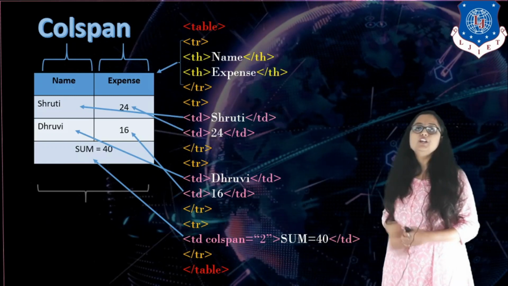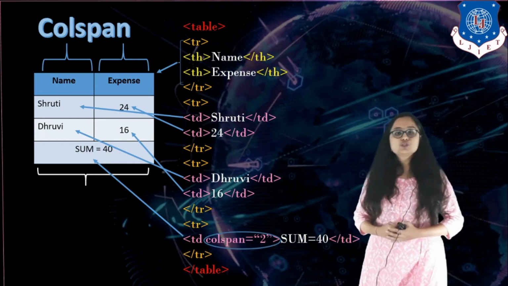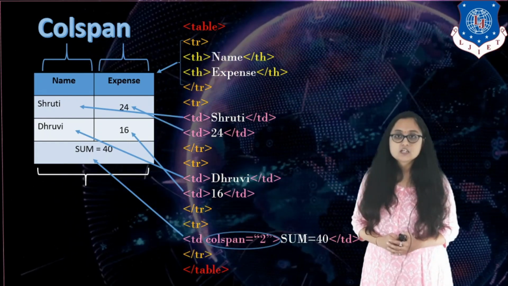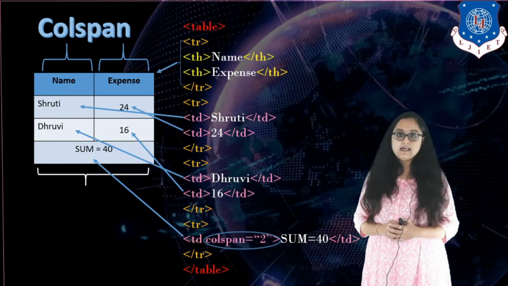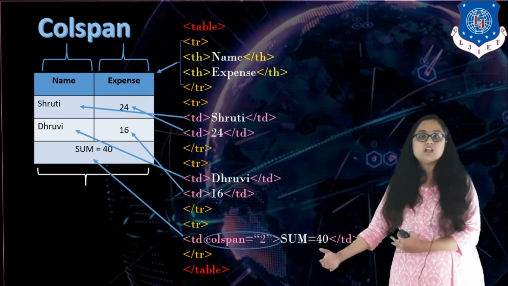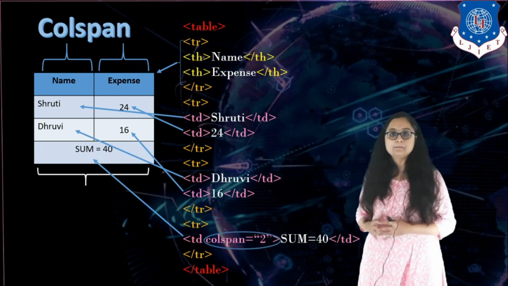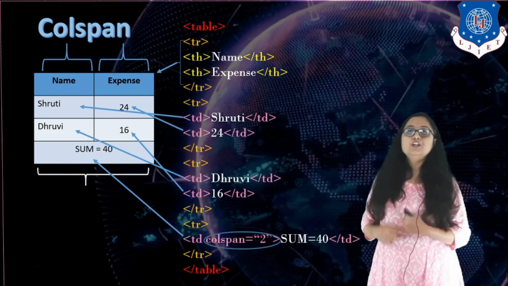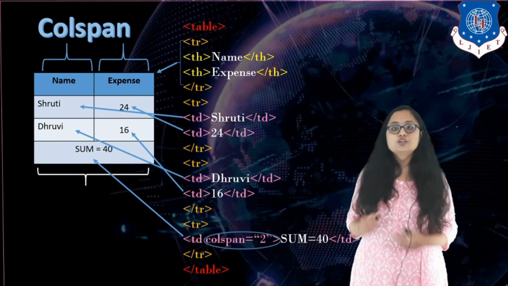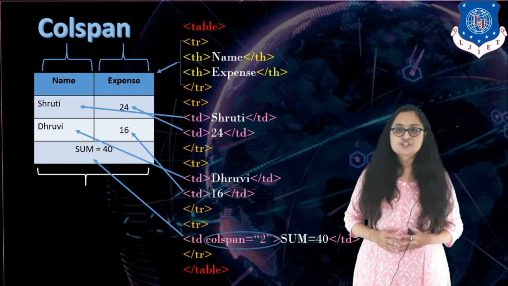For this TD, which attribute you have to specify? Exactly, you have to specify colspan, COLSPAN, that is the spelling, colspan. Do not write the whole thing column span, that is not the attribute's name. What is the attribute's name? Colspan. Is equal to, again in rowspan we were writing the numeric value based on the number of rows combined or spanned.